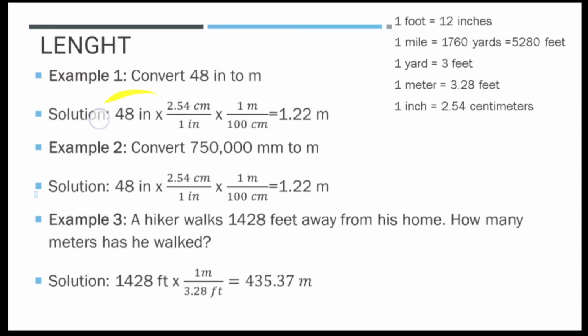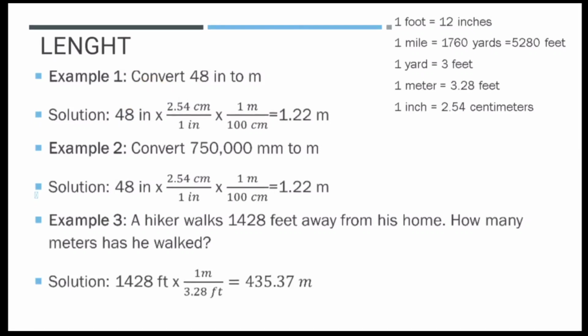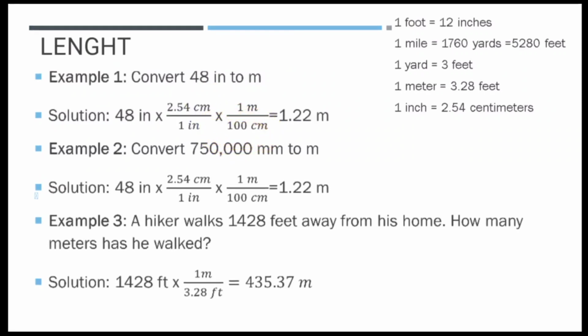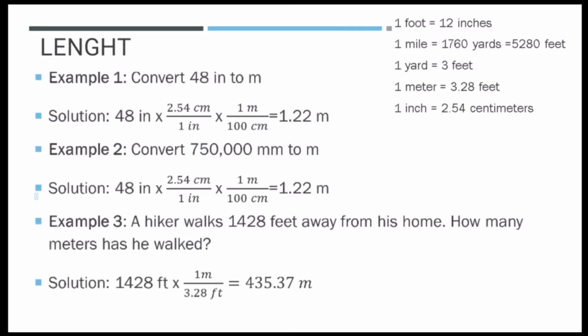So 48 inches times 2.54 is equal to 122 times 1 is 122. Then divided by 100 is 1.22 meters. Why meters? As you can see, from here, we can cancel this unit since it is on the numerator.